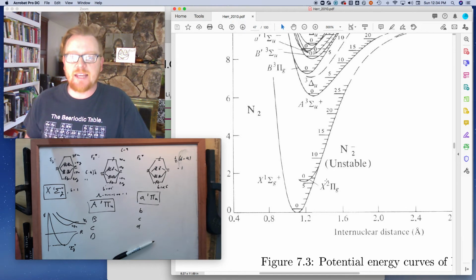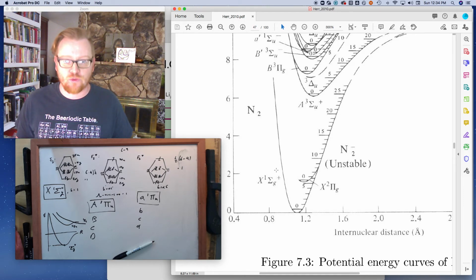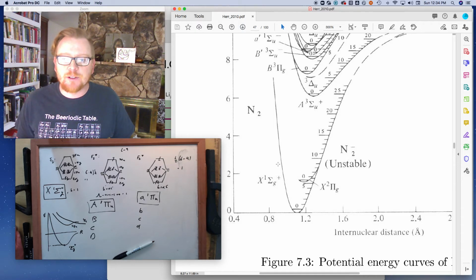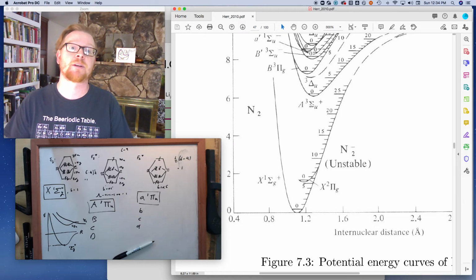And now as we keep going up, we can find that, yes, our N2 excited state was a triplet sigma g. But look, as it turns out, we didn't do this correctly because that's the B state. As it turns out, a lower energy state is actually a triplet sigma, and that would be revealed through calculation. That would be really hard to predict.